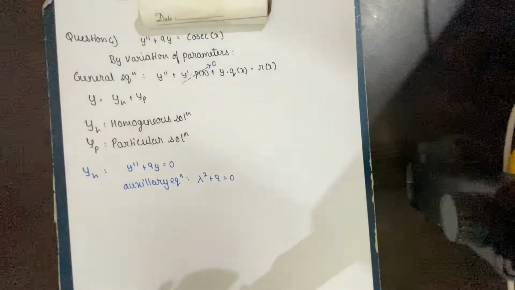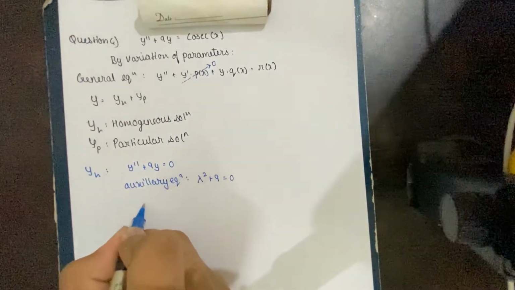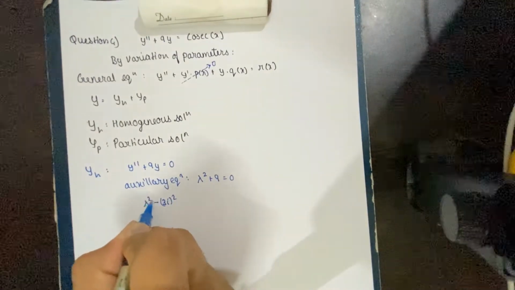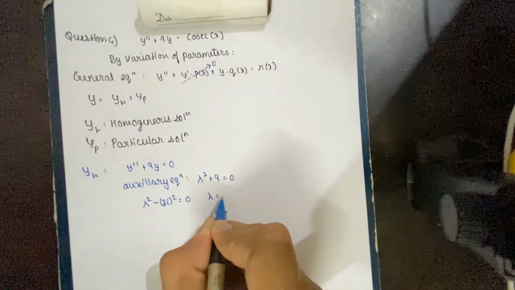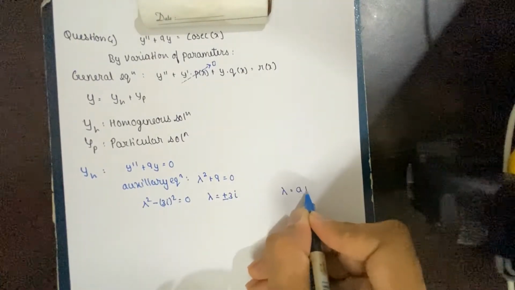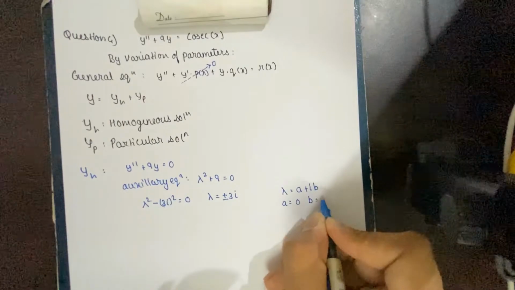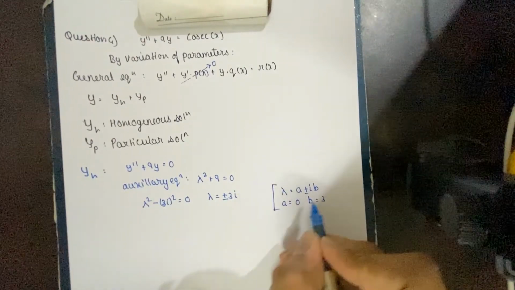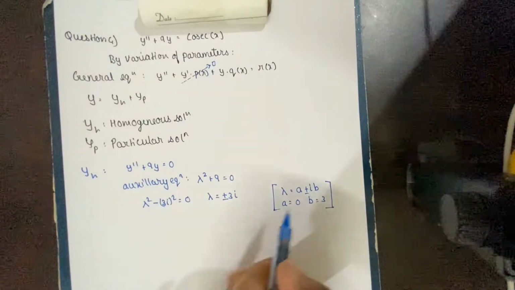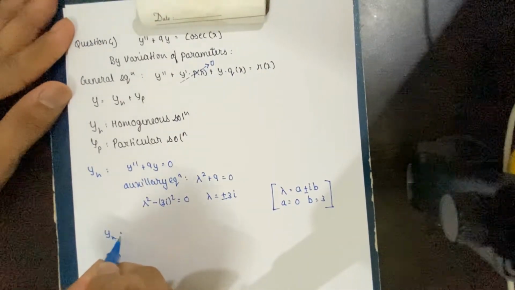Obviously, it's very simple, and lambda will equal plus or minus 3i. Now lambda is supposed to be in the form a plus or minus ib. So here a equals 0 and b equals 3.